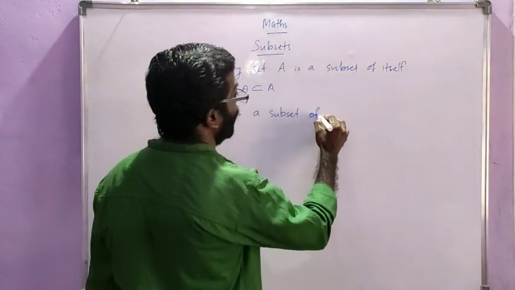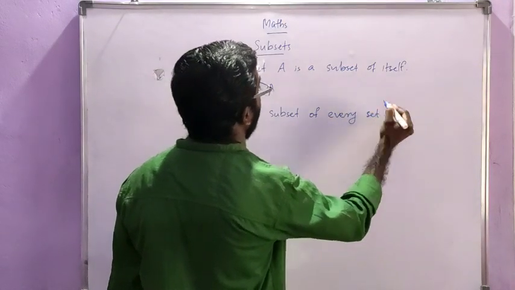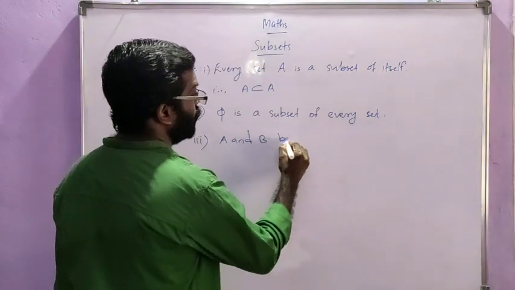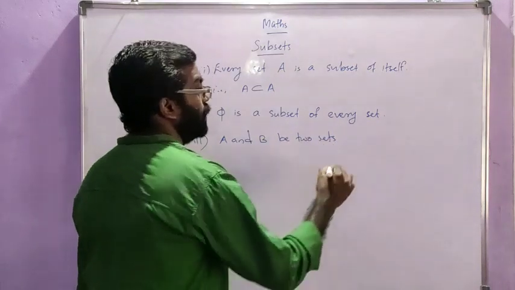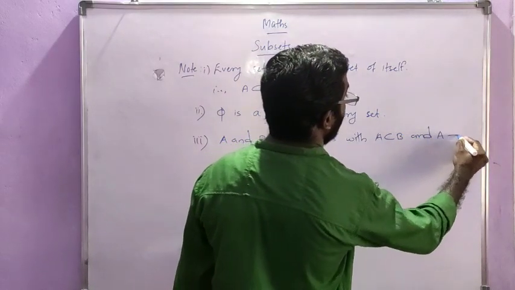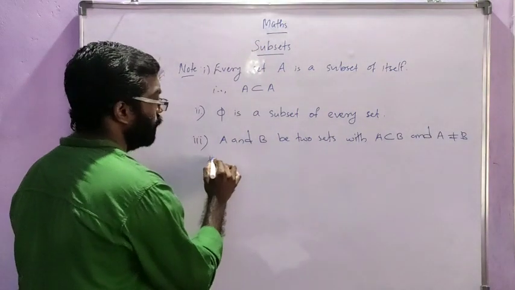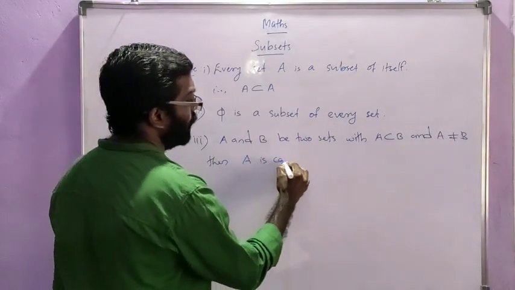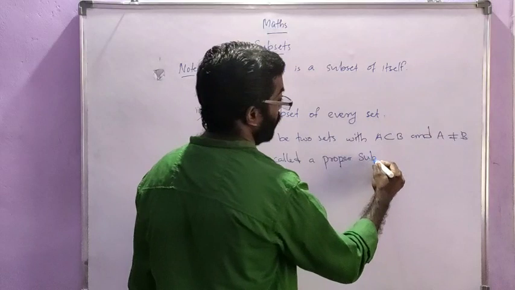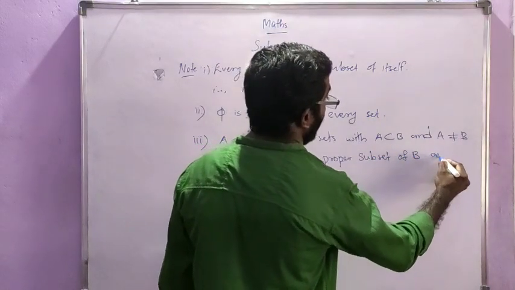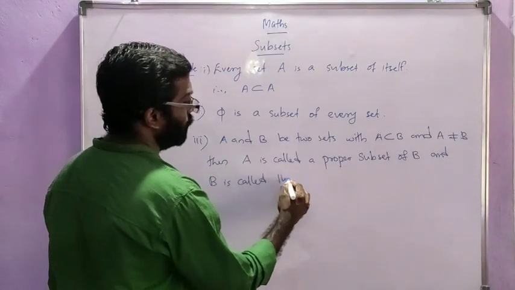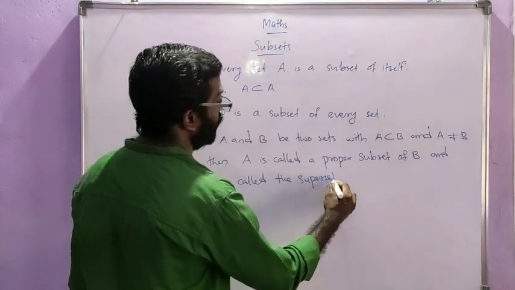And the third one is, let A and B be two sets with A a subset of B and A not equal to B, then A is called a proper subset of B and B is called the superset of A.